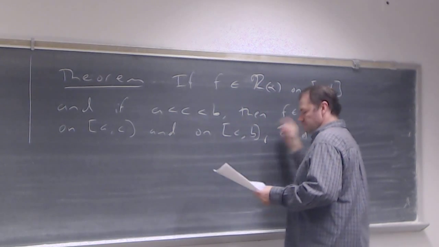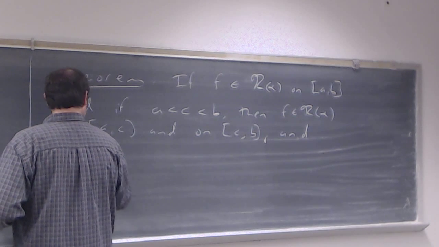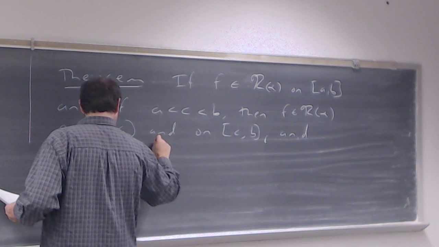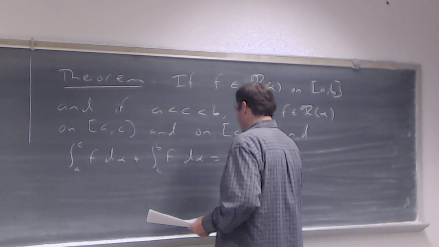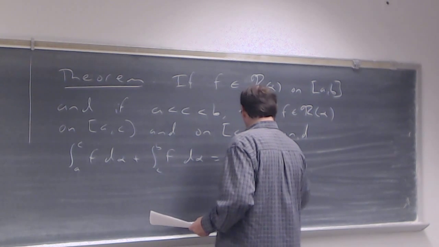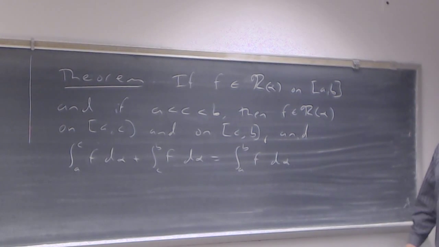And moreover, the integral from a to c of f d alpha plus the integral from c to b of f d alpha is equal to the integral from a to b of f d alpha. This is a theorem that we would have in calculus about Riemann integration. Here we're talking about Riemann-Stieltjes integration, and we're going to prove this.